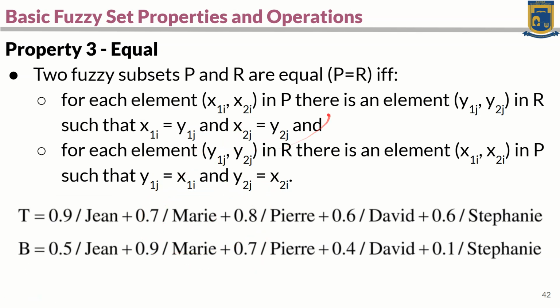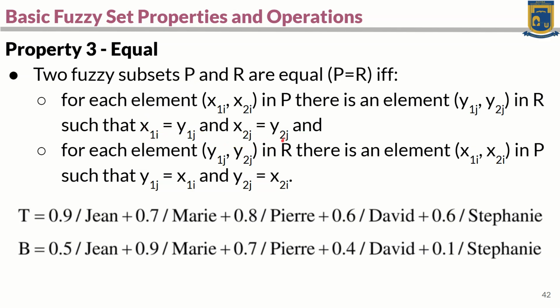So here I was saying that we are considering two subsets P and R, and each one has a member and a degree of membership. Let's assume this is for P and this is for R. If they are equal, then definitely the members have to be the same, and the degree of membership also has to be the same.